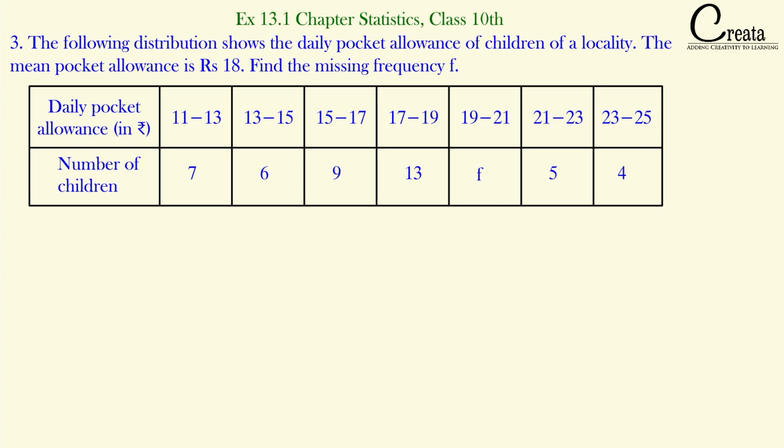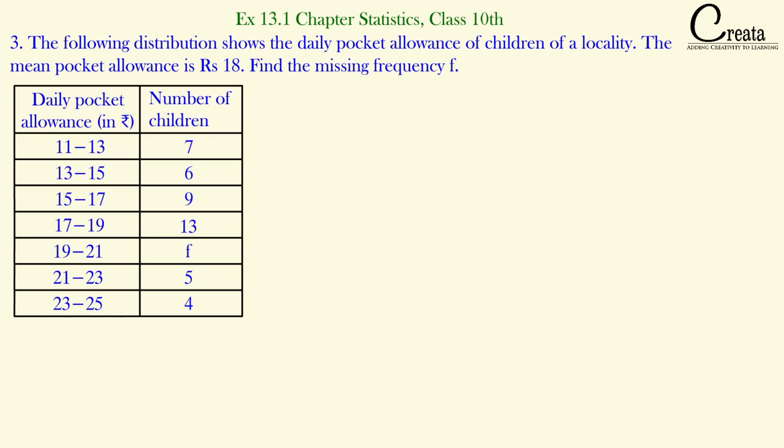Let's approach the question. Let's convert the rows into columns, the standard format of the table that we have seen for the previous questions too. Here the number of children is the frequency, how many times our observations are repeating. The observation is the daily pocket allowance, which is given in rupees. So the frequency is the number of children, which we will denote as Fi.